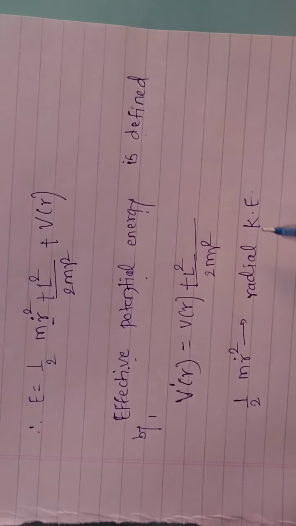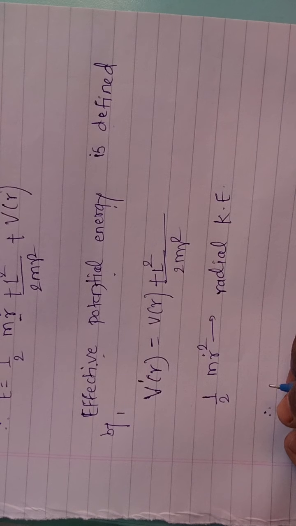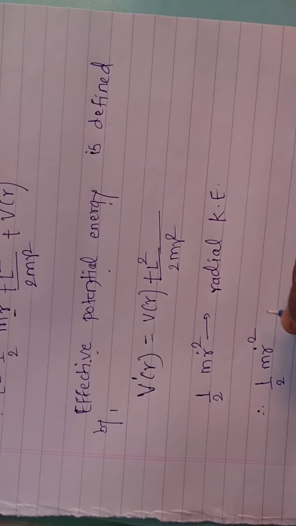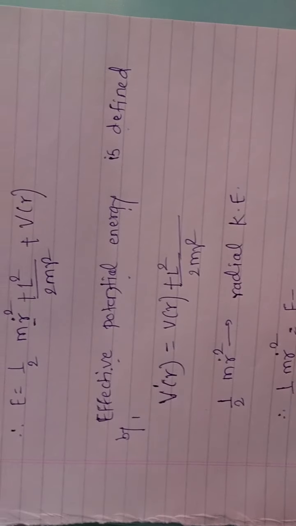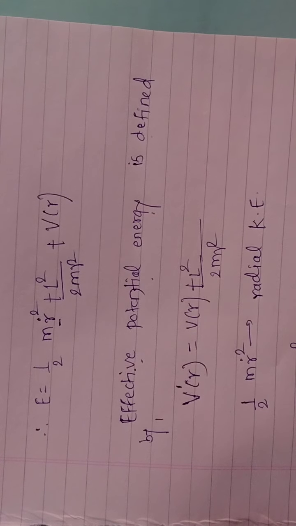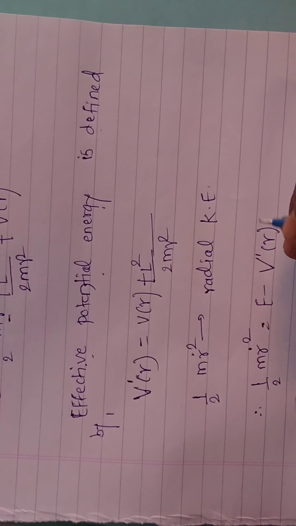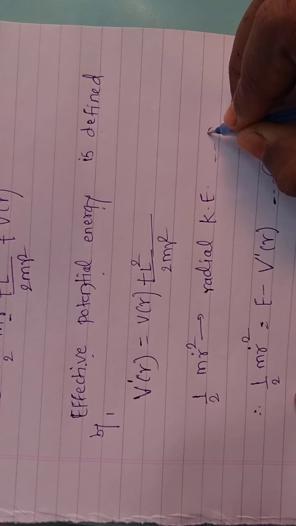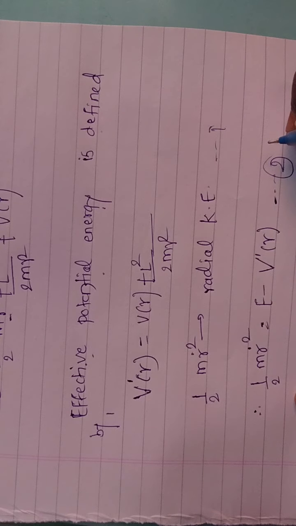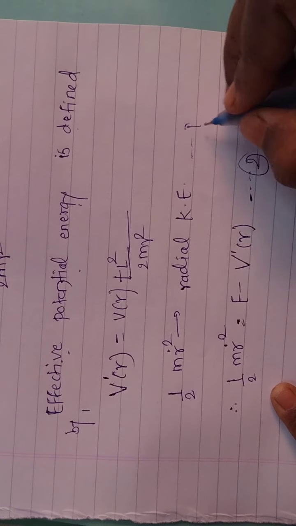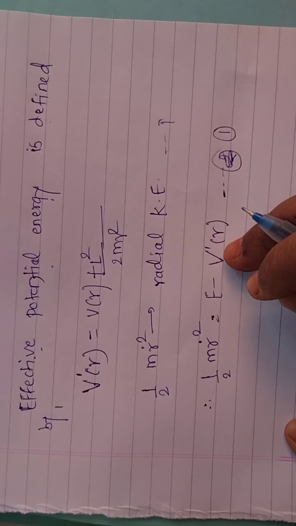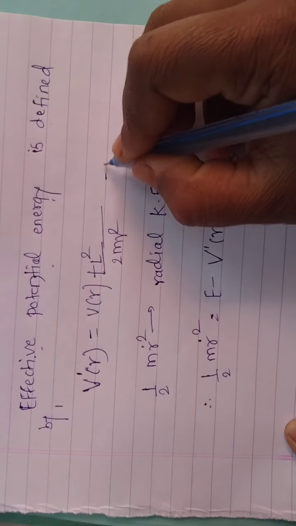So this equation becomes, I am writing it in the form of 1/2 m r dot square, this radial kinetic energy, is equal to E minus V dash r. So I have written this equation in the form of effective potential. This is equation number 1, and this is equation number 2.